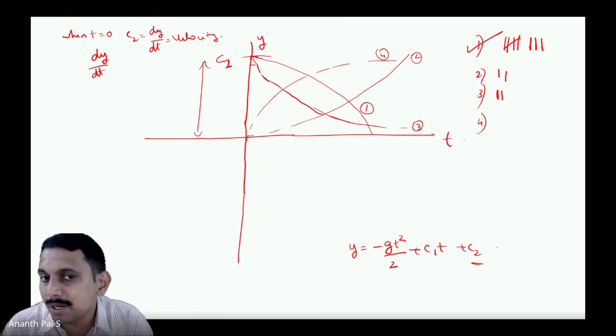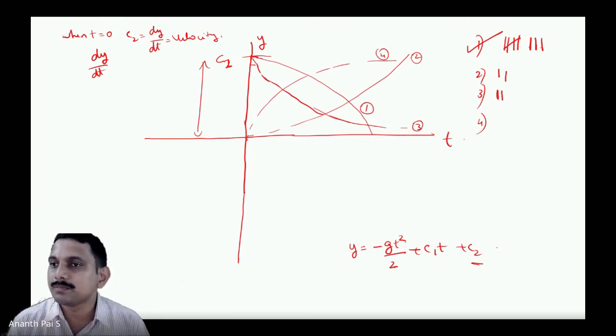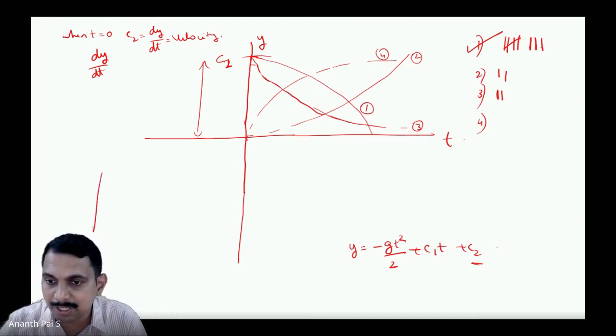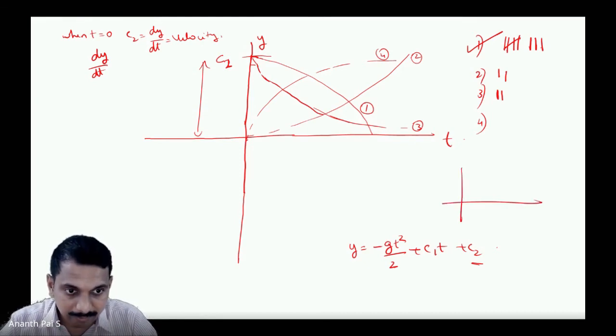Always keep in mind velocity keeps on increasing. What is velocity? It is the slope. If the initial velocity was 0, then it would have come like this, straight horizontal.